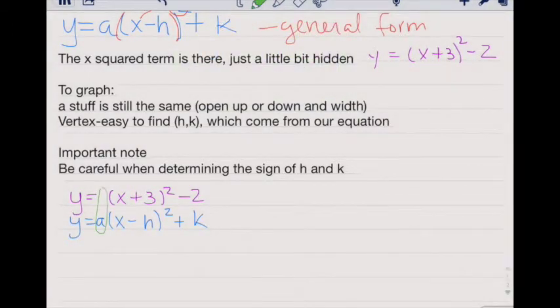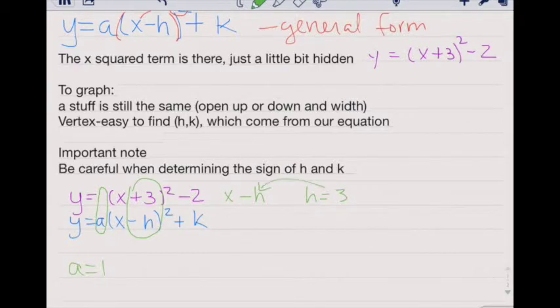Here I see a is going to equal 1. Easy enough. Now I need to consider h. I've got plus 3 and a minus h. The signs don't match, so I need to consider the following. It is in this form. If I said h equals 3, this is what would come out if I stuck it in here.